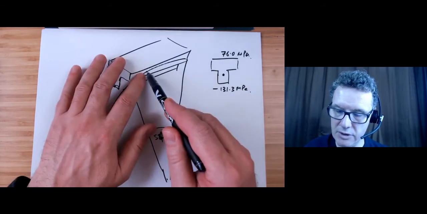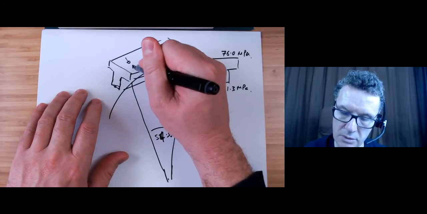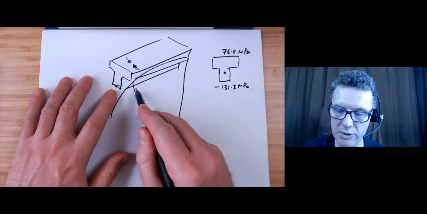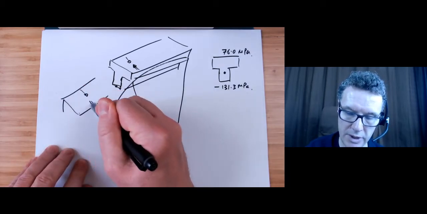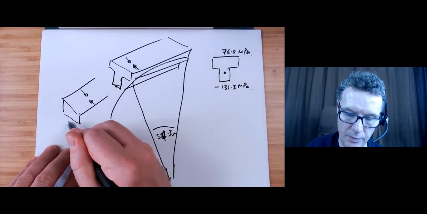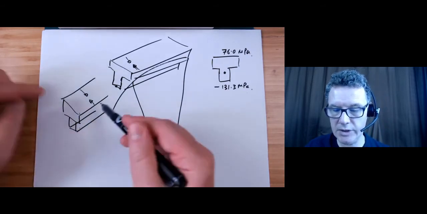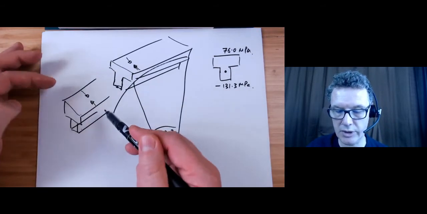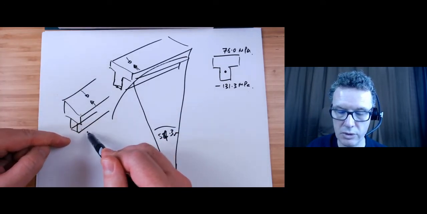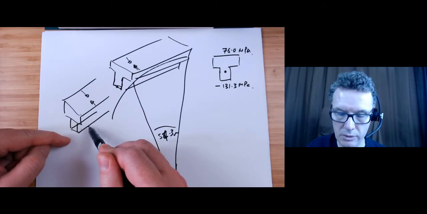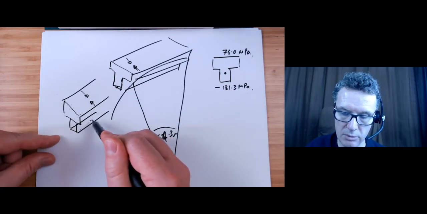So if this is getting stretched out, what's going to happen sideways on? The top is getting stretched, so that's going to come inwards, and here the bottom is going to get squashed, and that's going to push it outwards.